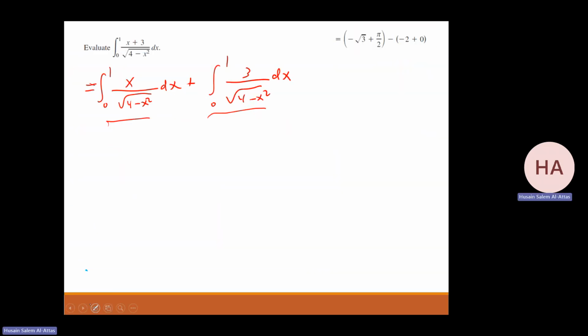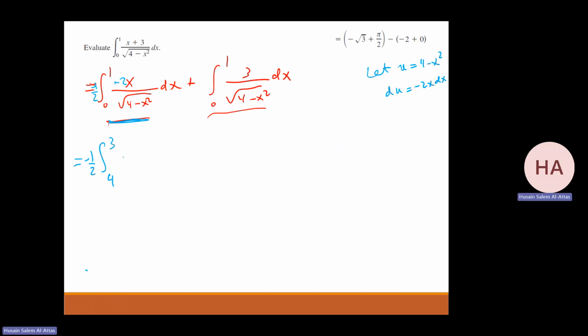In the first one, I need substitution for the first one. Let u equal 4 minus x squared. du will be minus 2x dx. I need x, so minus half outside. That gives me minus half, integral from where to where? 4 to 3.